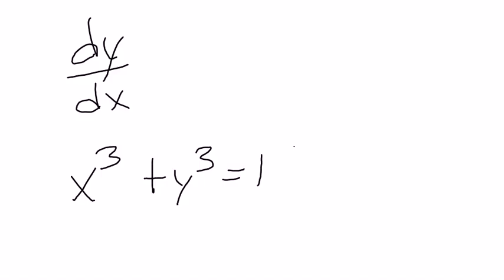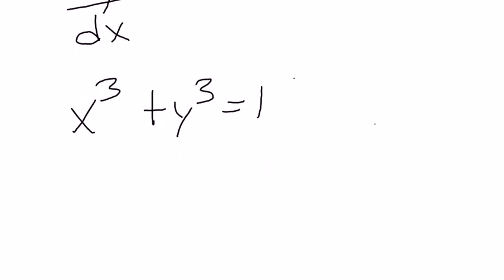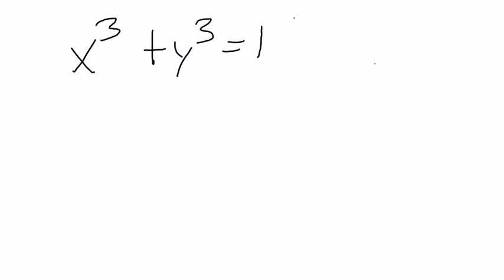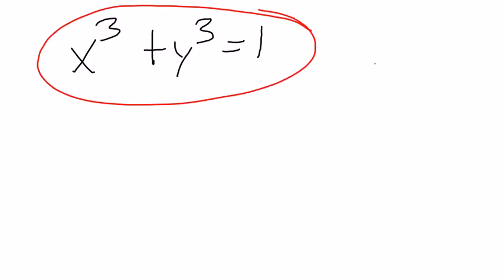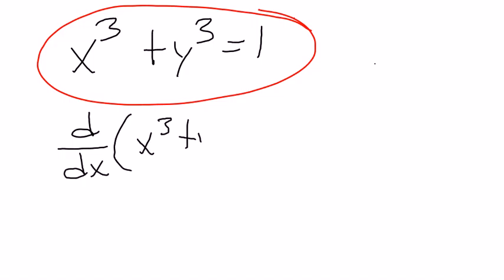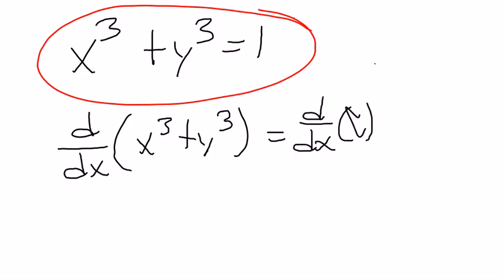Since we're finding the derivative of y with respect to x, this tells us that we want to take the derivative of this whole equation with respect to x. So, on both sides, take the derivative with respect to x of x cubed plus y cubed equals the derivative with respect to x of 1.